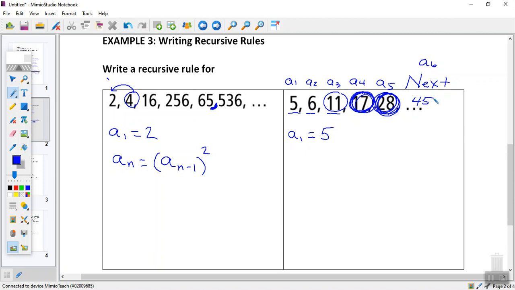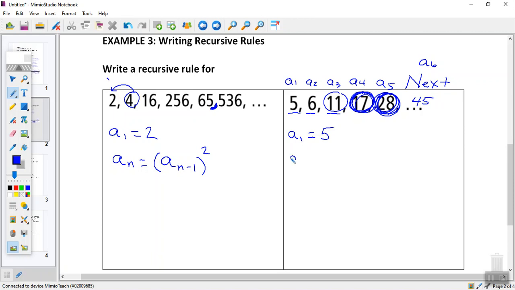Is that next term dependent on just the previous term, or is it dependent on more than just the previous term? More than just the one. Okay, so we need what we had right now and what we had 2 places back, right? Okay, so check this out. Kind of like saying the 6th term is equal to the 5th term plus the 4th term, right?